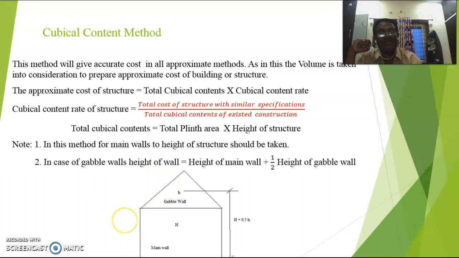Generally, industrial or factory buildings or triangular type of walls are called gable walls. When you calculate the cost of the cubical content, you cannot take the total height of the building. Then you can take half of this. That means the height of the total main wall plus half of the height of the gable wall is called the height of structure. This is in case of the cubical content method.